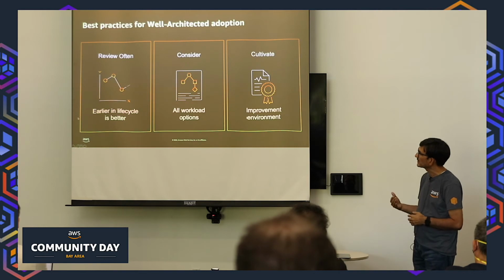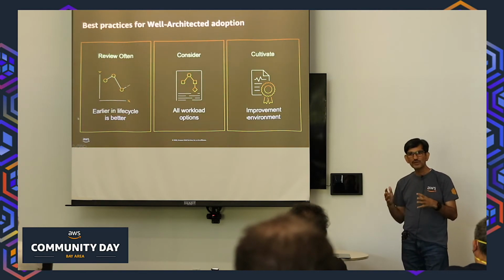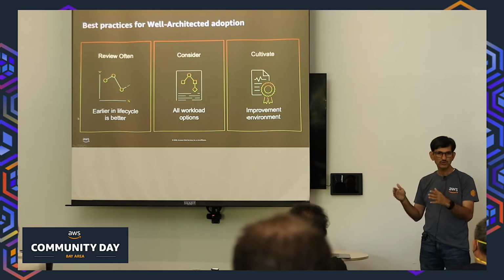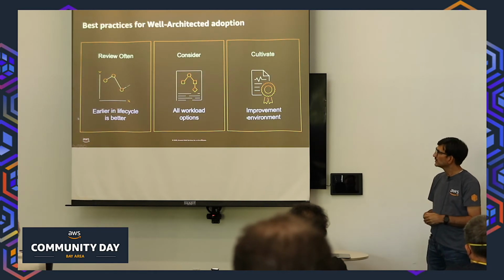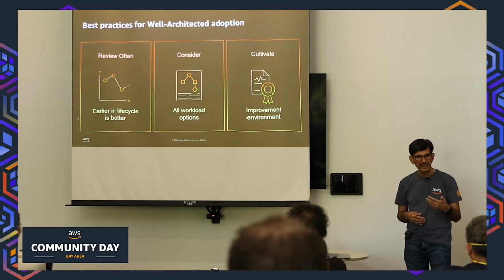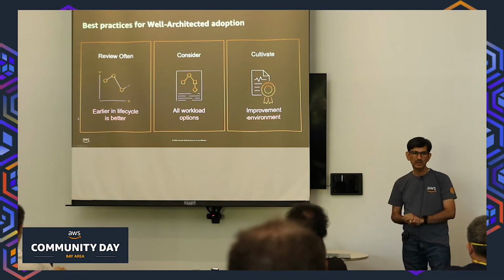And again, if you just do it once, it's not good enough. You need to redo it after your workload is deployed into production and go through the cost pillar another time to see what kind of policies and practices you might have missed.